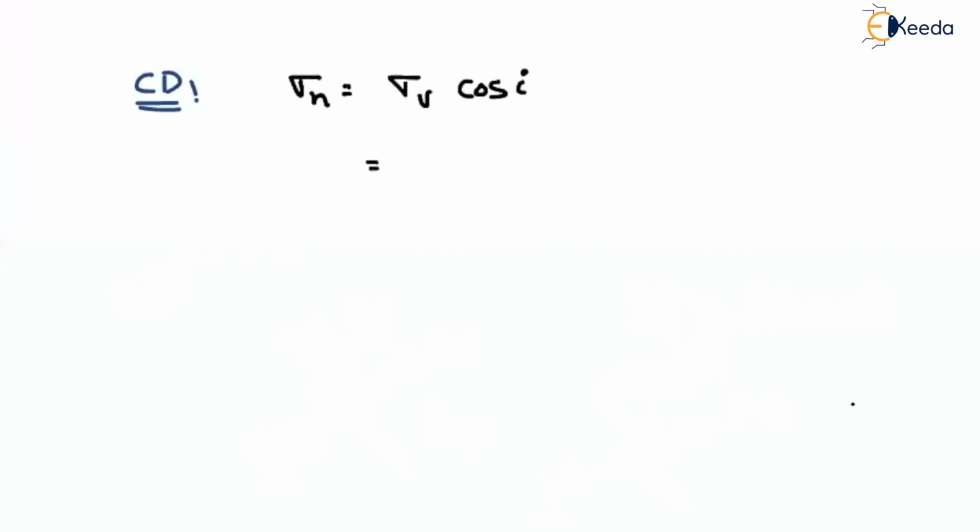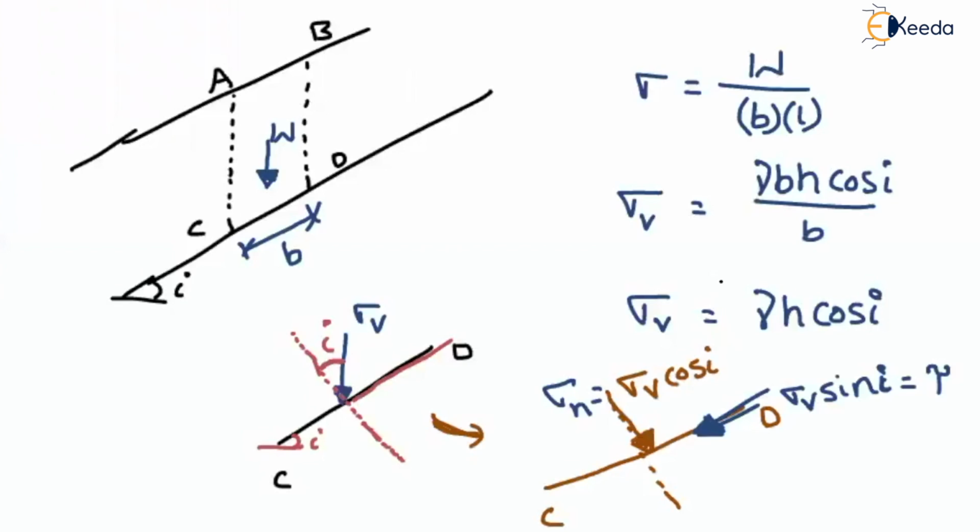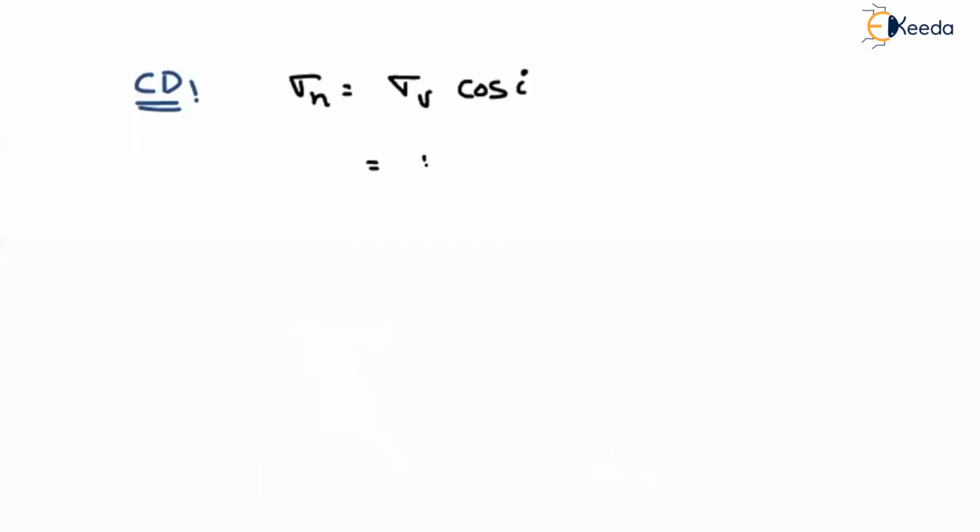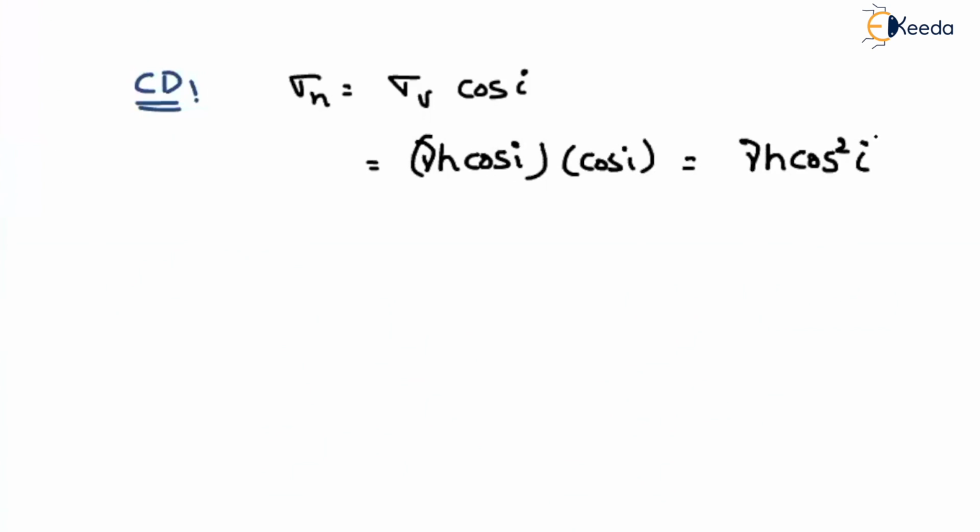Sigma V is nothing but what we got from the previous step, gamma H cos I. So if you replace this term here, gamma H cos I into cos I, how much do you get? Gamma into H cos square I. So this is the normal stress acting on the plane CD.